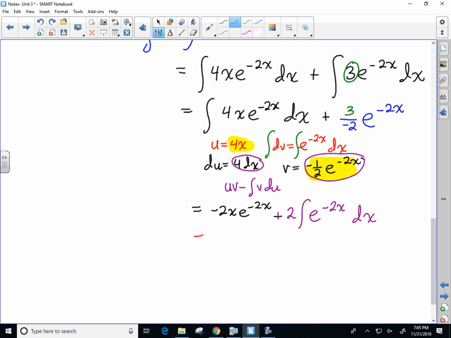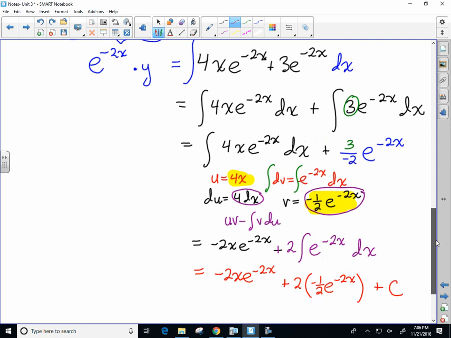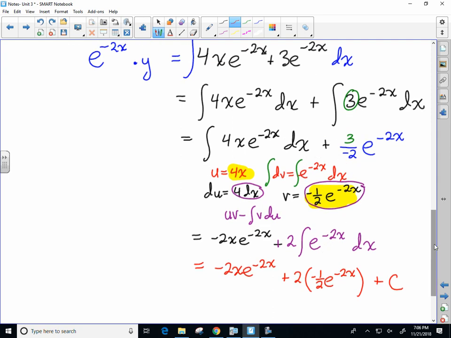So negative 2x e to the negative 2x plus 2 times, well, we already figured that out, it's negative 1/2 e to the negative 2x, plus c. That's all equal to the left-hand side, which is e to the negative 2x times y.